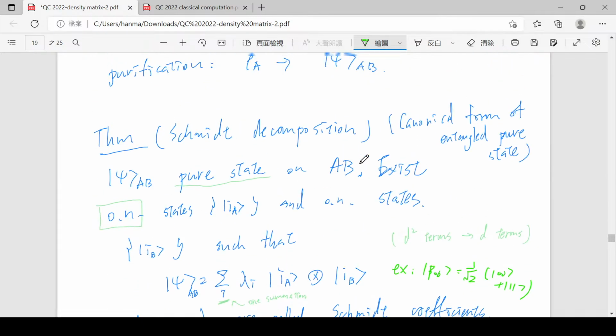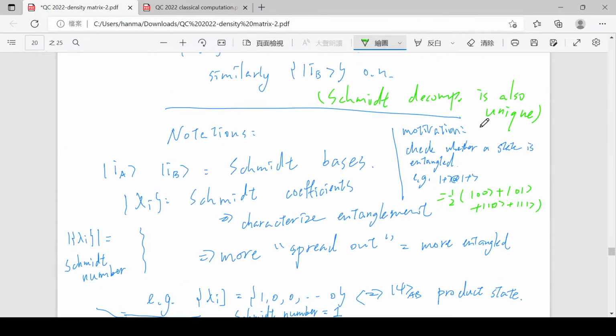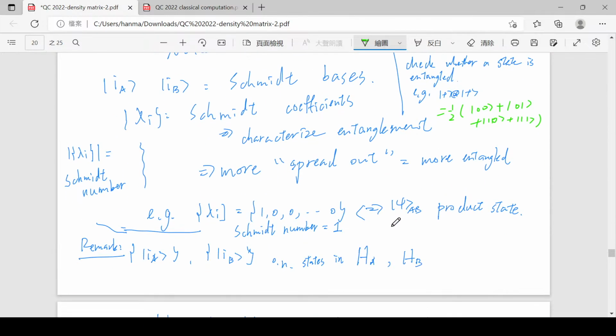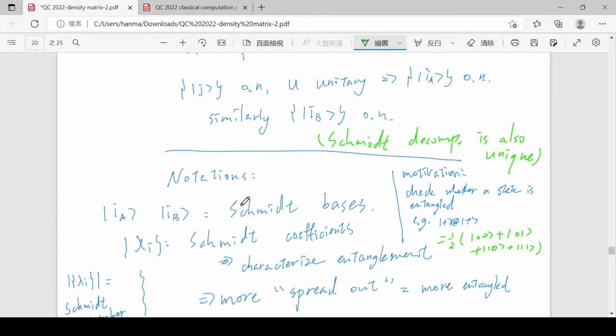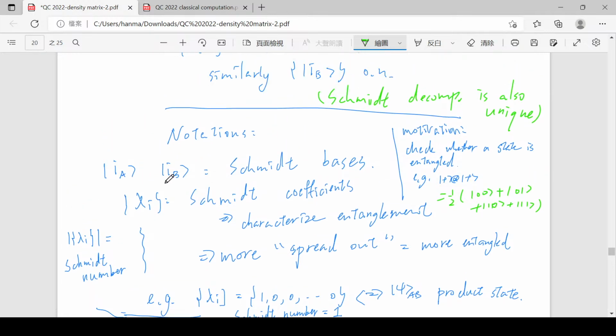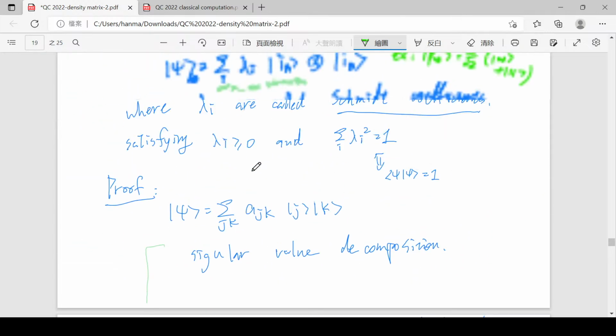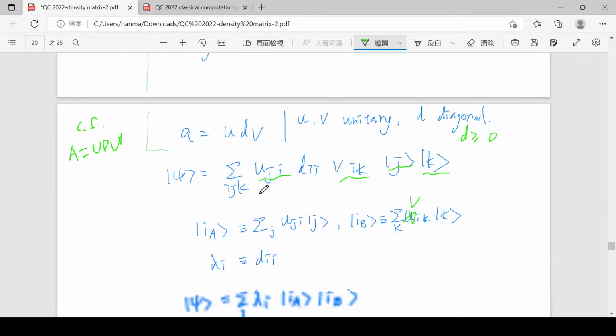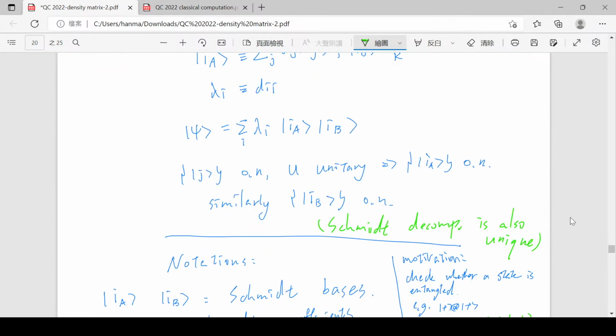And if we have this property, then we also see the only part. And let's go back here. So some notation: these I and IB are called Schmidt bases of the entangled state, and this really makes sense because this is unique.